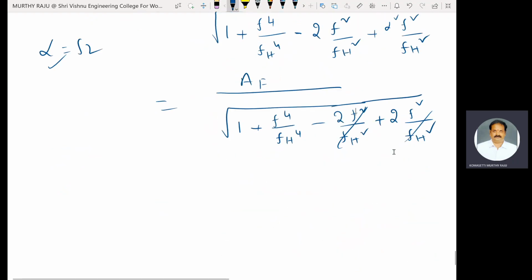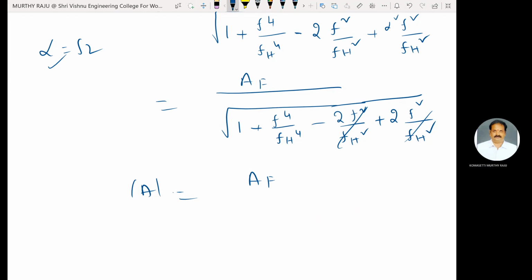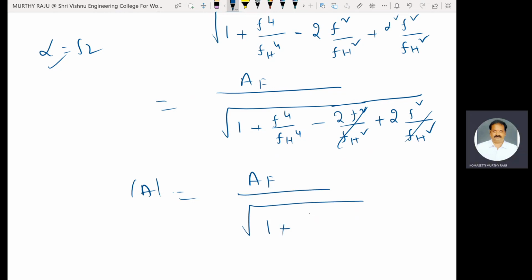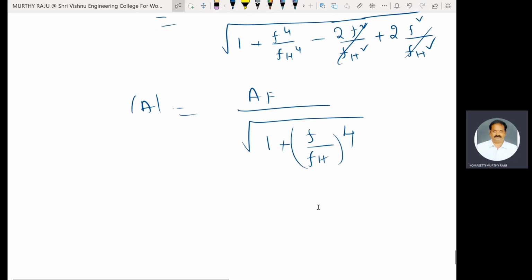Therefore, finally the magnitude A is equal to A_F by square root of 1 plus (f by f_H) whole power 4. This is the magnitude term, the magnitude of the gain for second order filter.